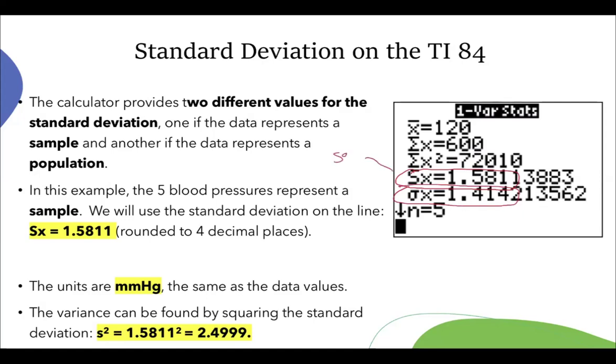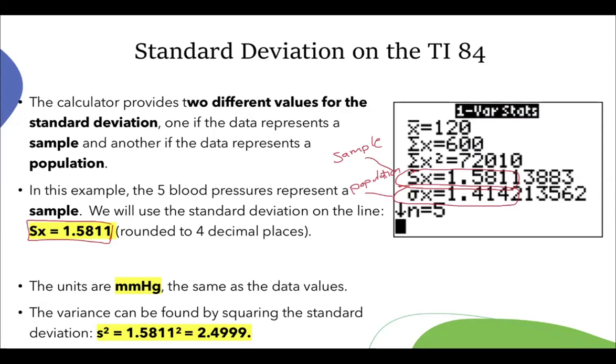If our data represents a sample, we'll use Sx, and if it represents a population, we use sigma x. So because our data represents a sample, we use Sx, rounding to 4 decimal places. The calculator does not give us a variance. So if you were asked to find the variance, which is not too common, you would have to square the standard deviation.